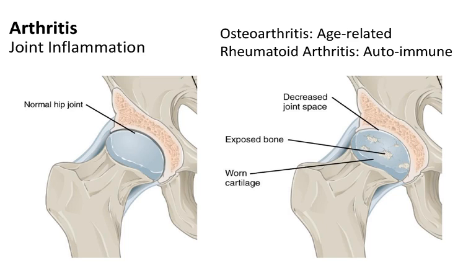Now, arthritis is, right, arthro means joint, itis means inflammation. So it literally tells you what it is once you know the meaning of the word bits. Arthritis is inflammation of a joint. Osteoarthritis is age-related arthritis, and it will happen to everyone sooner or later.